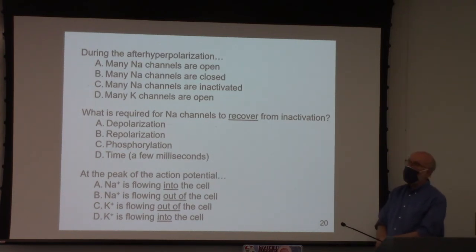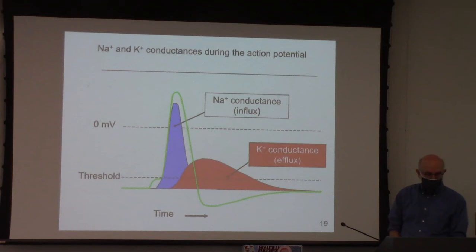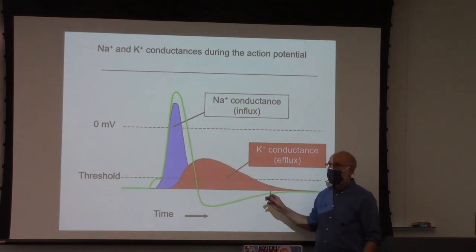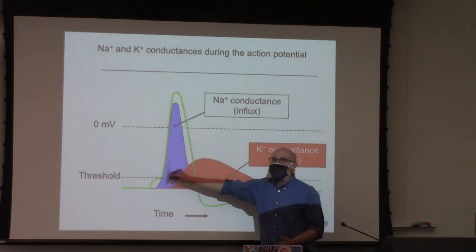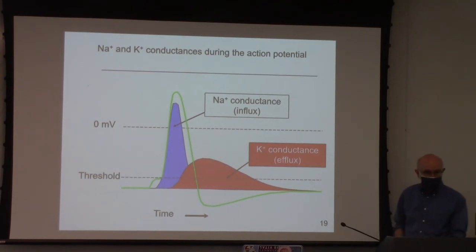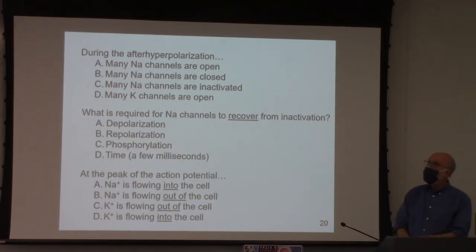Let's do the first one. During the after hyperpolarization. So what is the after hyperpolarization? What is it after? It's after the action potential, and it's a hyperpolarization. The name is pretty descriptive. During the after hyperpolarization, which of these are true?